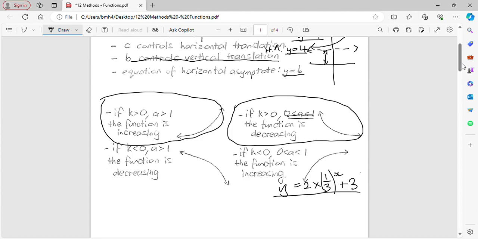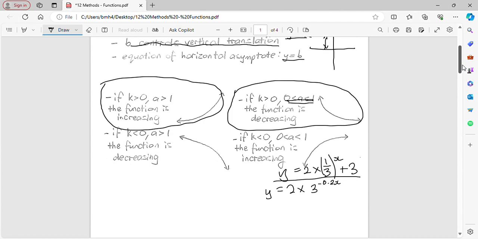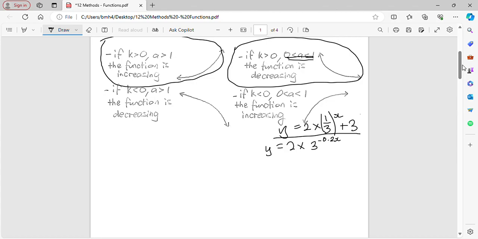Also, if you have a negative power here, so if you've got y equals 2 times 3 to the minus 0.2x, say if you've got one like that, that is also exponential decay, because you can write that as 2 times 1 over 3 to the 0.2x.